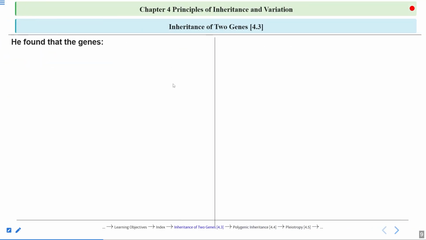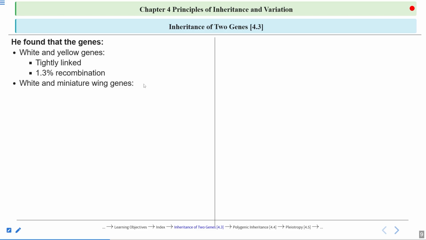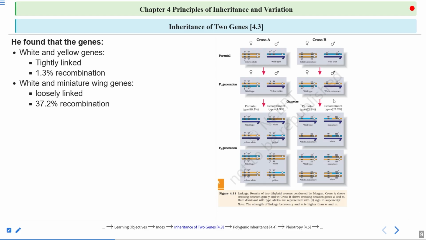Now what did Morgan find? Morgan found that the genes white and yellow were tightly linked. They show 1.3% recombination as shown in the figure, and white and miniature wings are loosely linked and show 37.2% recombination.